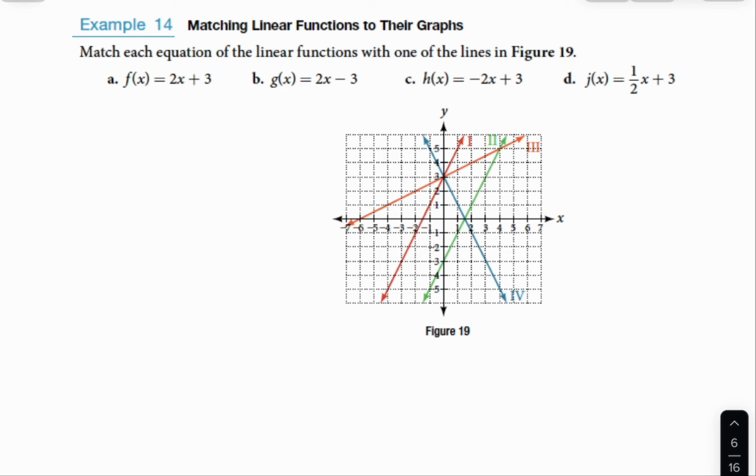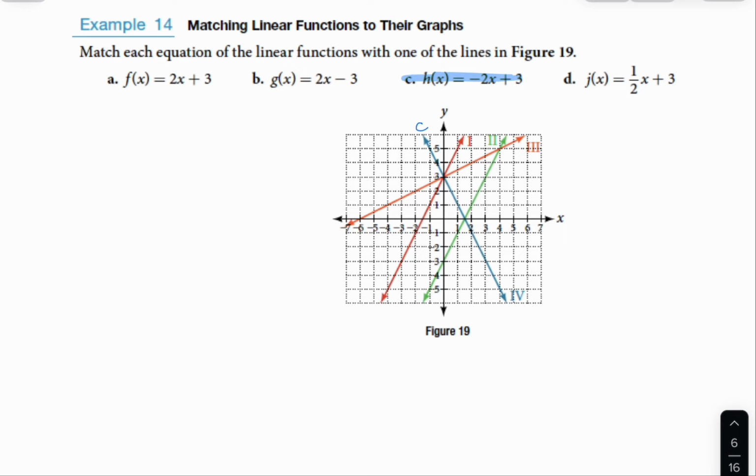So the only equation I see up here with a negative slope is C. Now let's just verify that this is graph C right here. Well, it should start at 3, go down 2 over 1, down 2 over 1. It is our only decreasing line, and that's exactly what happens there, okay?